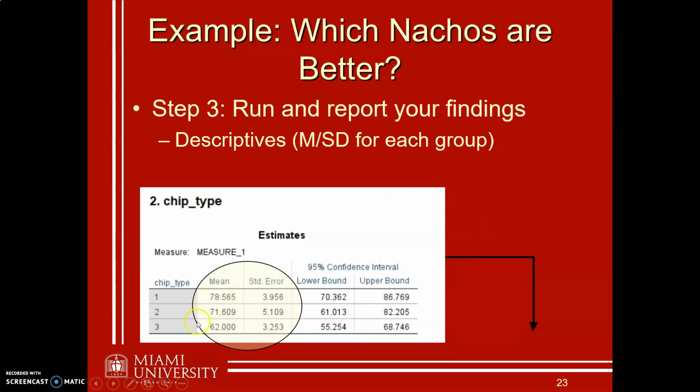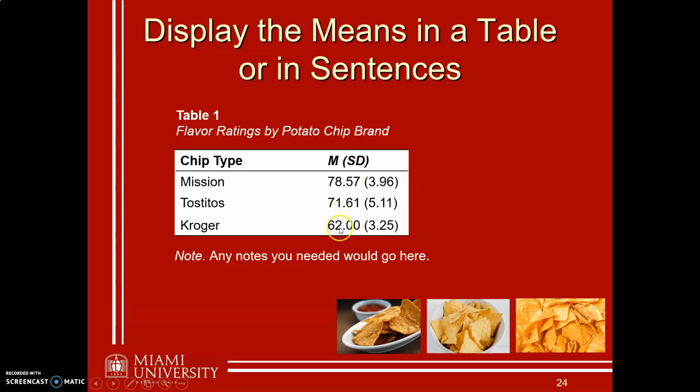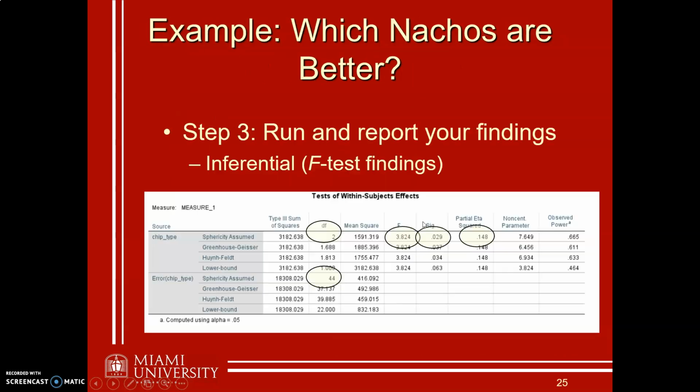When we run our data in SPSS, we will need to calculate and report the means and standard deviations that we get, the standard errors. So we would put those down into a nice APA format table. This is updated for APA 7th edition.